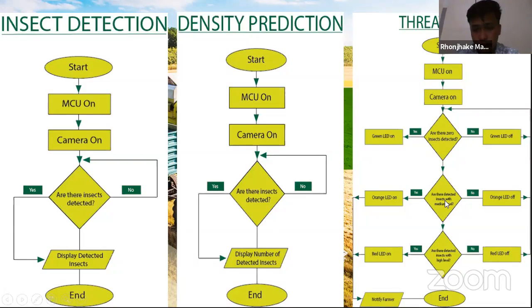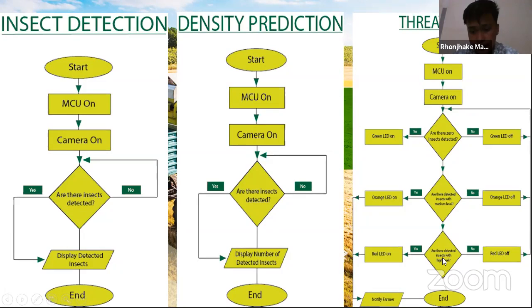Next, when the camera detects a medium level of threat, the orange LED will turn on, then send a notification to the farmers that there is a level of threat in the crops or in the field.